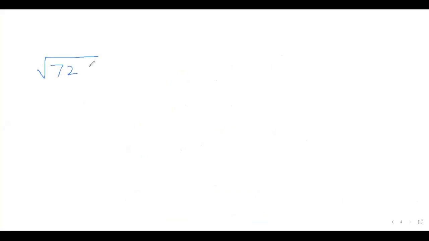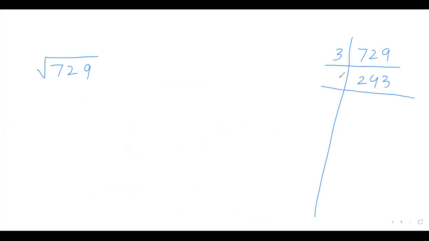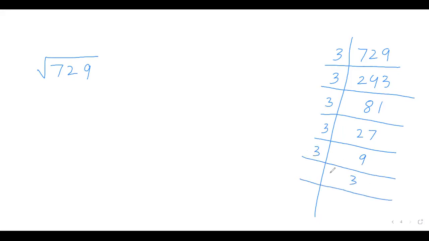Square root of 729. So in the prime factorization method, I have to divide it by a prime number. 3 2s are 6, 3 4s are 12, 3 3s are 9. So I divide it again by 3, again by 3, again by 3.